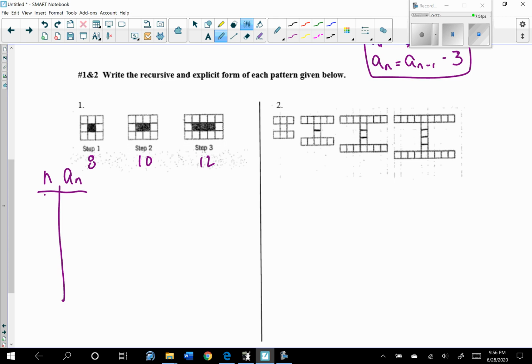So in stage 1 or step 1, we had 8. Step 2, whoops, we had 10. And step 3, it was 12. So just like before, you're going to look at the differences first. So 10 minus 8 is 2. 12 minus 10 is 2. So that means this is linear.